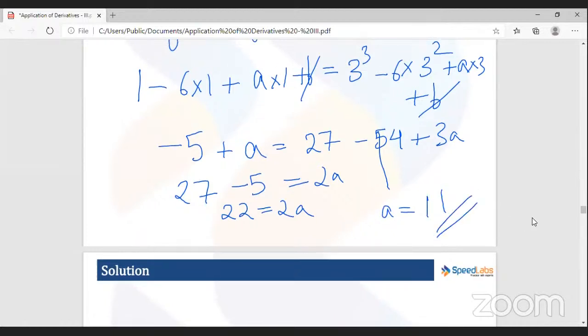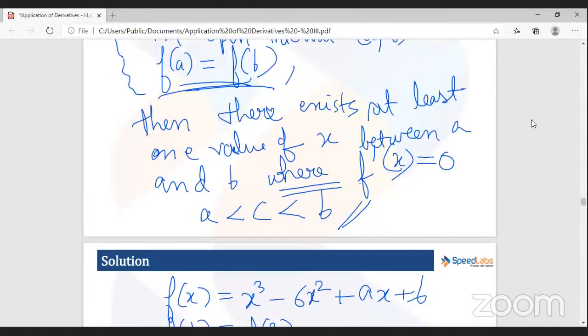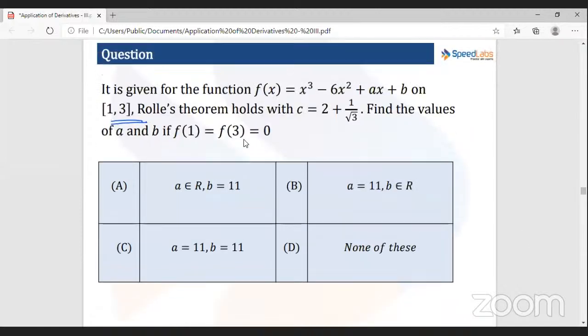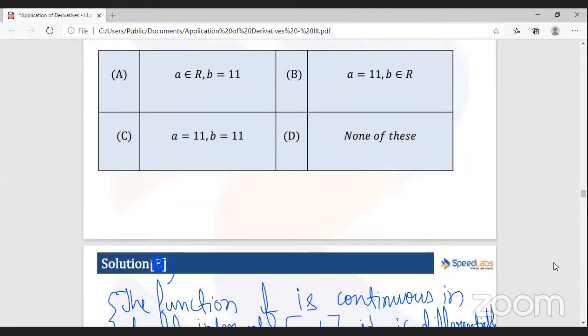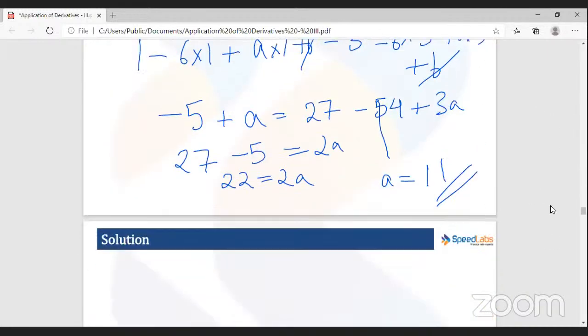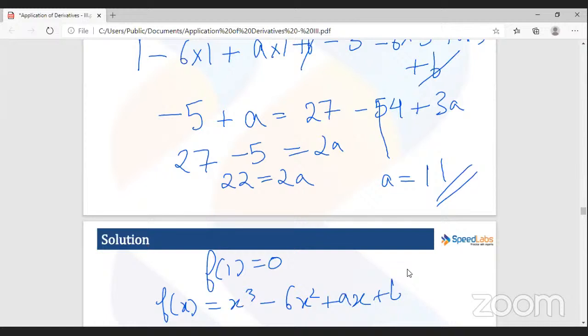Now what more is given in the question? It is given that f(1) equals f(3) equals 0. So let's take f(1) equal to 0. f(x) is x cube minus 6x square plus ax plus b.